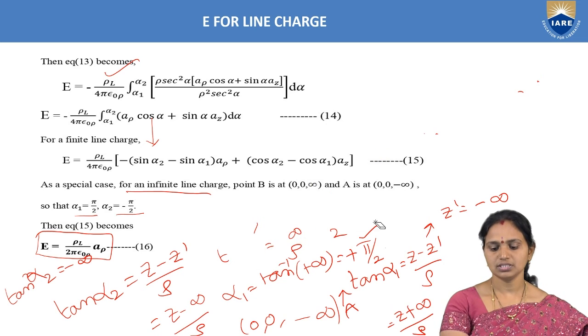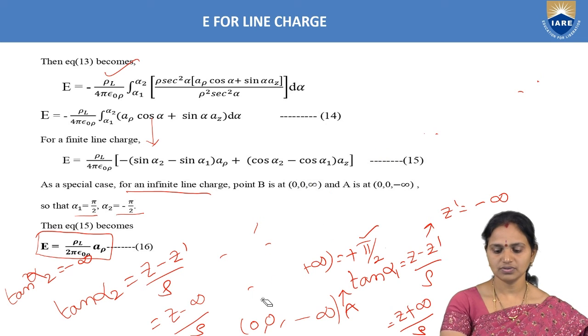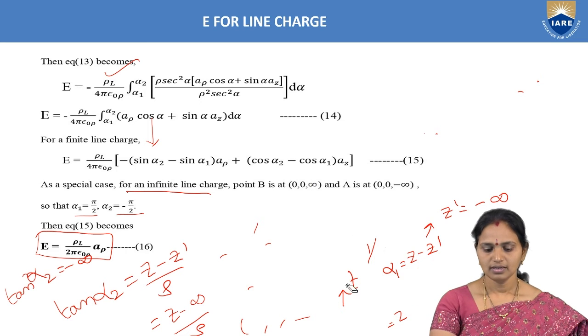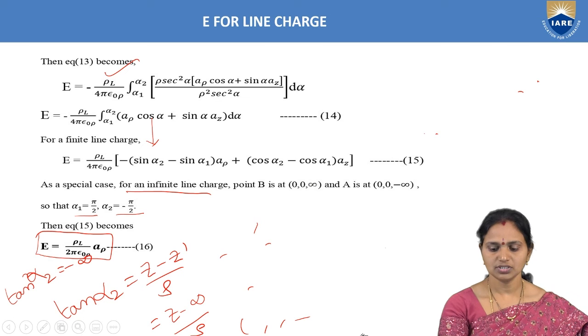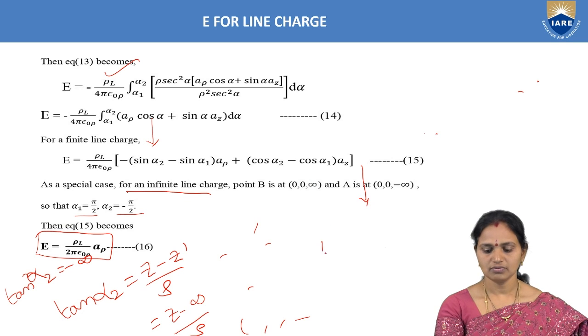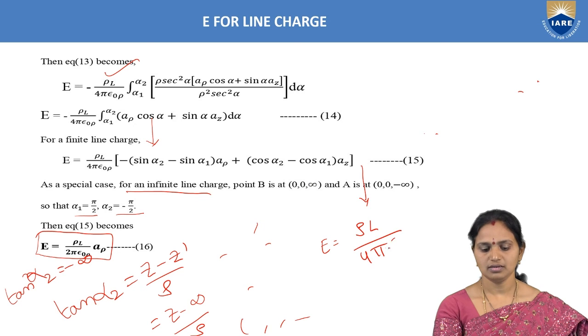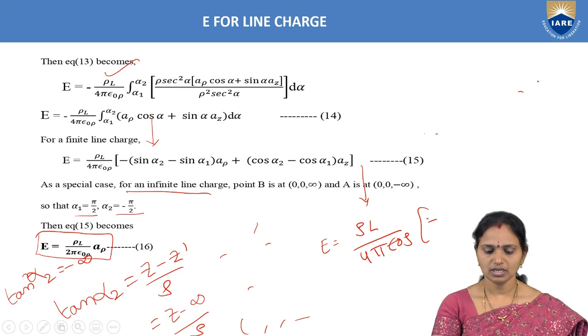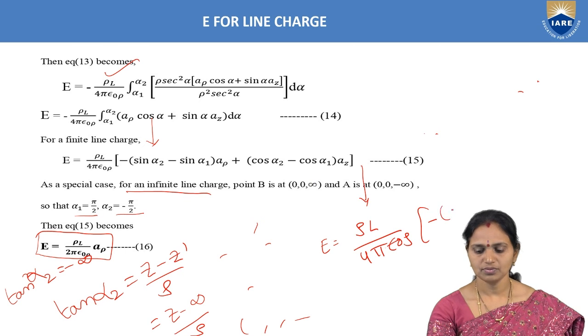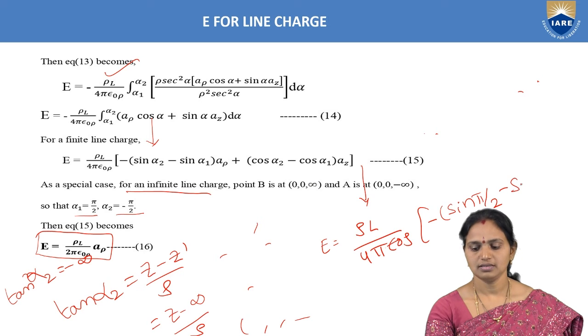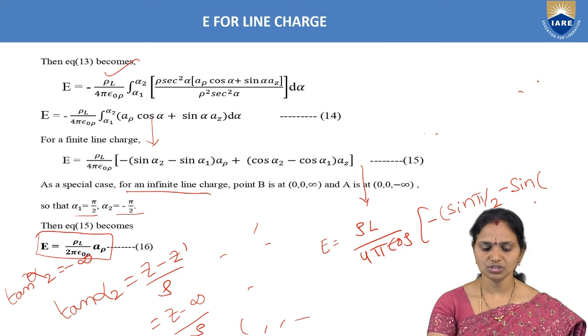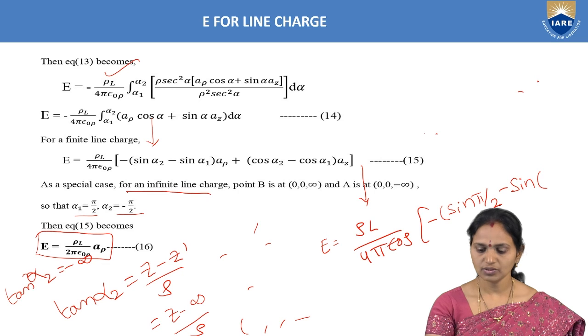By substituting alpha 1 and alpha 2, this equation has changed like E equals rho L by 4 pi epsilon naught rho times sine alpha 2, where alpha 2 here is pi by 2, sine pi by 2, minus sine of alpha 1. What is the alpha 1 value here? It is minus pi by 2.